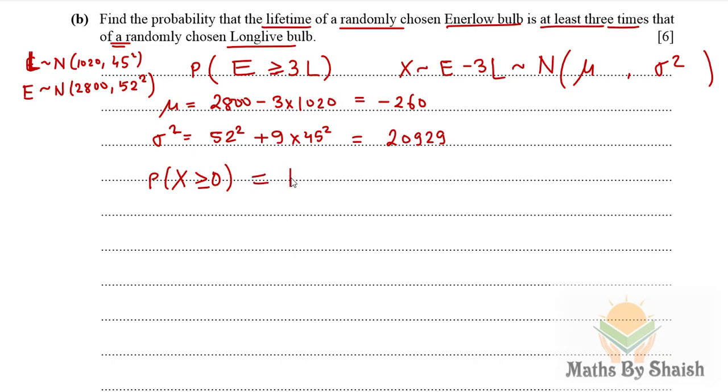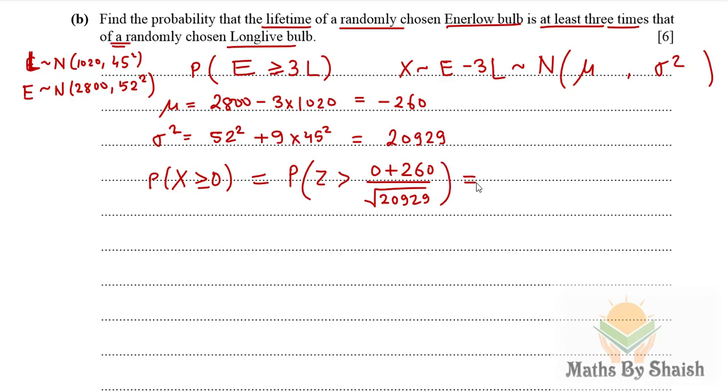So we'll convert it to the standard normal distribution, that is Z greater than 0 minus mean, and minus mean is minus 260, so it becomes plus 260 over the square root of variance, that is the standard deviation, so it is 2929.